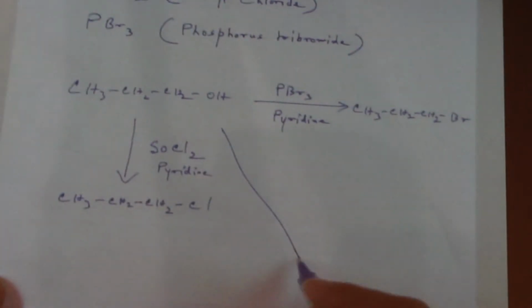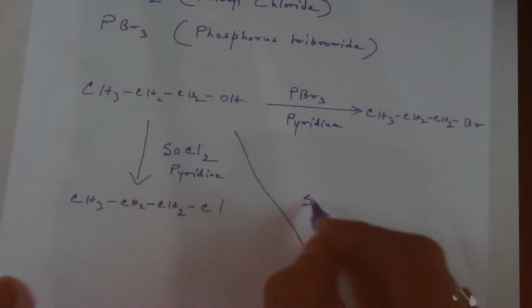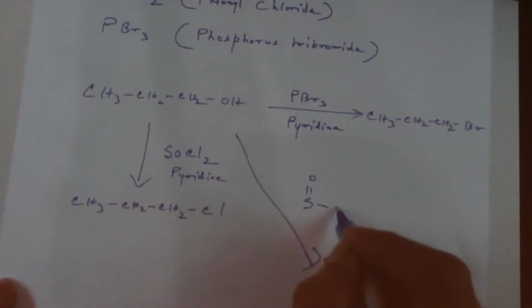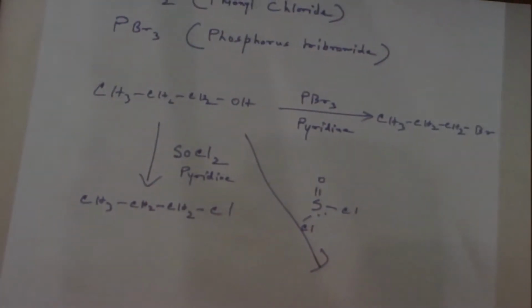Now, the mechanisms of these reactions are also very straightforward, in the sense that if you have thionyl chloride, SOCl2, the structure actually is, let me rewrite the structure, S=O, Cl, Cl, and sulfur has 2 electrons as well. As you know, sulfur can expand the octet rule. So this is the reagent that we use.